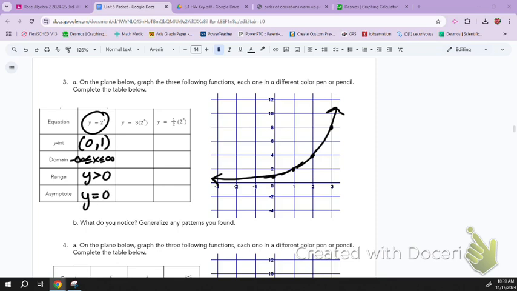But now I want you and your group to type these equations in and graph them.